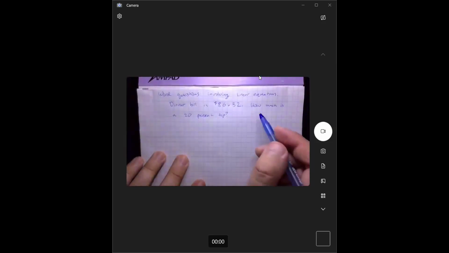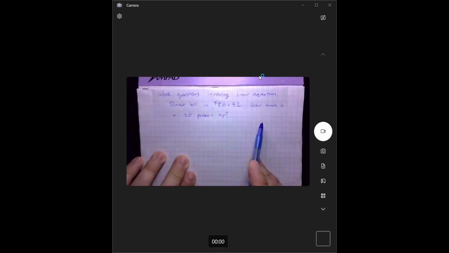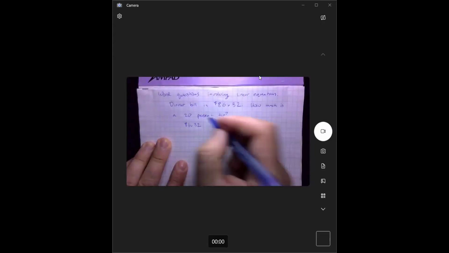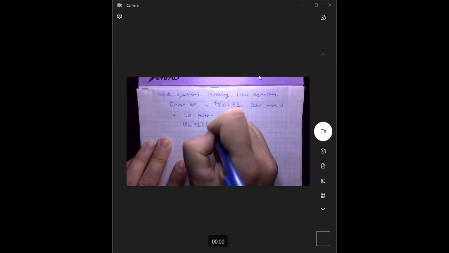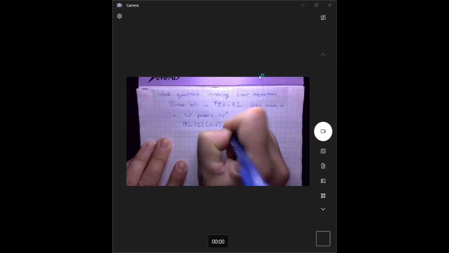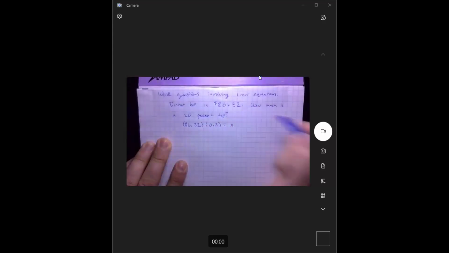And for this, let's try to write this. So this is a verbal representation of a mathematical idea, and let's write it as a numerical representation. I want to take my 86.32, 20% of that is like multiplying it by 0.2, and that's going to be the tip, which I'm going to write as x.